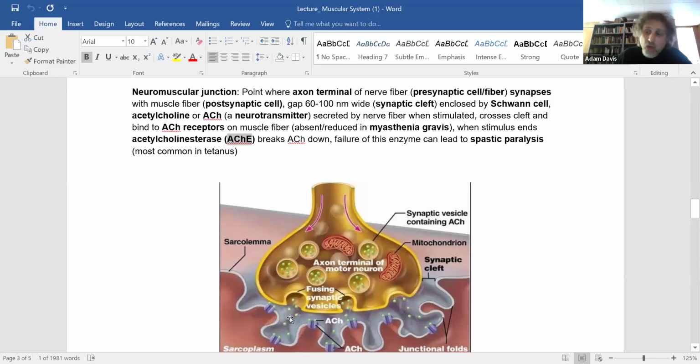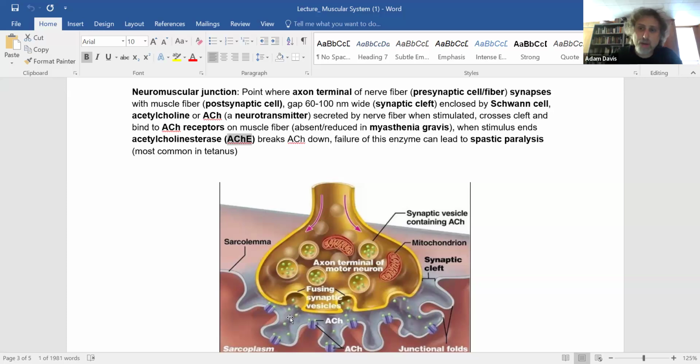It will break down ACh in the synaptic cleft. Once the ACh is no longer present, the muscle is no longer being stimulated, and muscular action will stop.